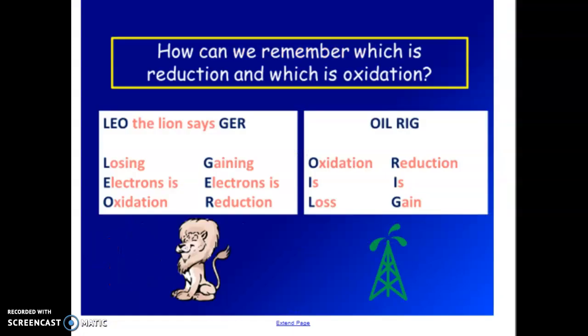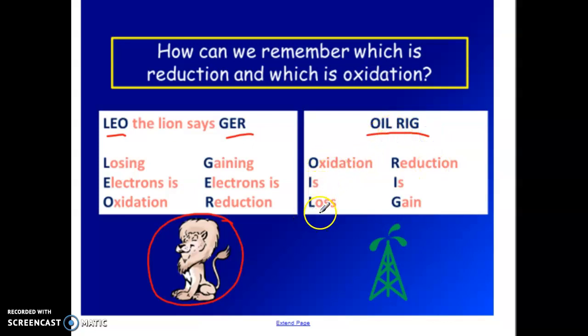So how are you going to remember which process is what? This is just a little fun acronym to help you remember what's what. So Leo the lion says GER. So losing electrons is oxidation. Gaining electrons is reduction. So that's the GER part. Okay. But if you don't really like lions and you want to use something else, there's also OIL RIG.